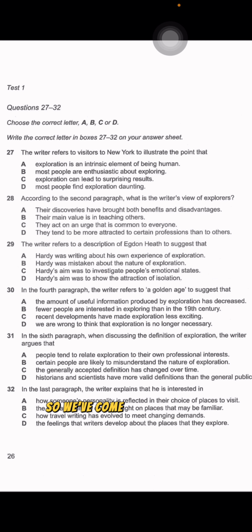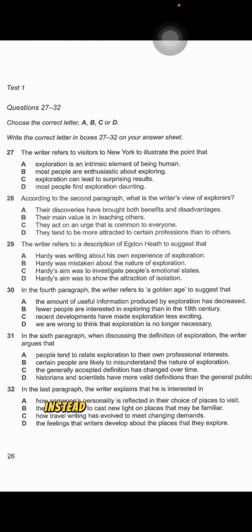So we've come to the end of today's lesson, which is multiple choice questions. The questions always follow the passage order. The best strategy to do this kind of question is to underline the keywords of each stem and scan them through the text, and don't read the options first.